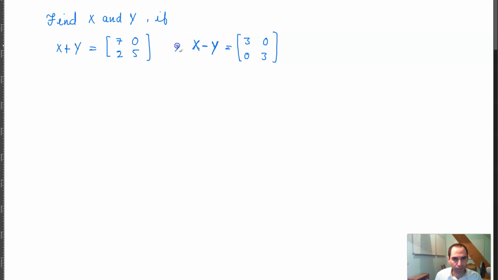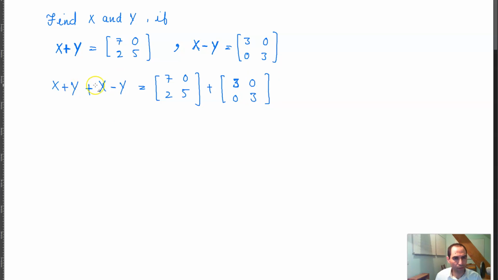So now if I add both sides of these two equations together, I get x plus y added to x minus y is equal to 7, 0, 2, 5 plus 3, 0, 0, 3.